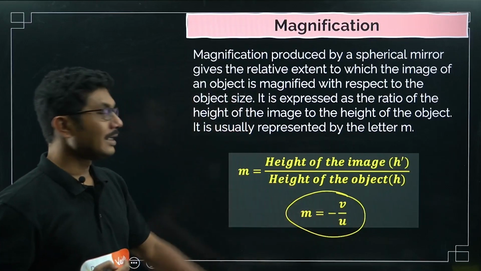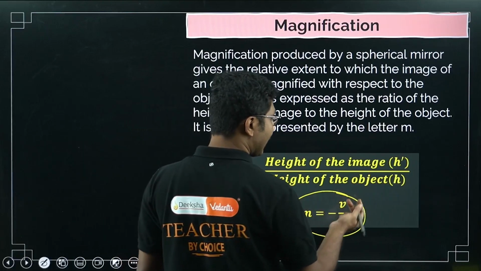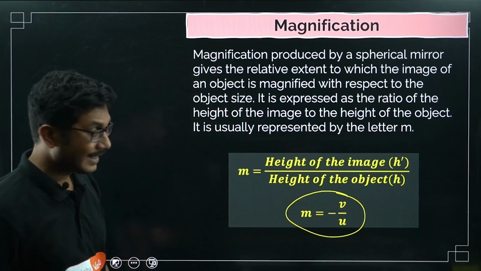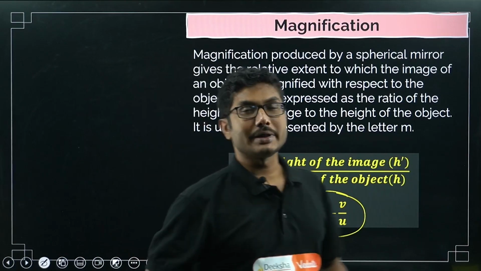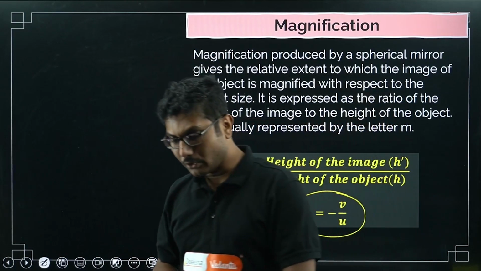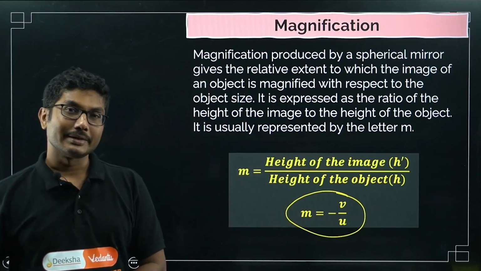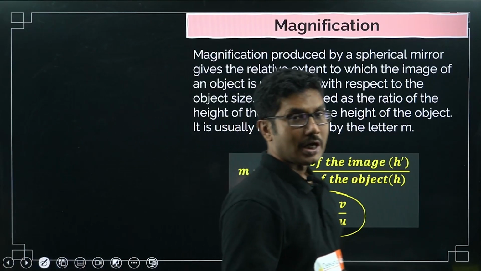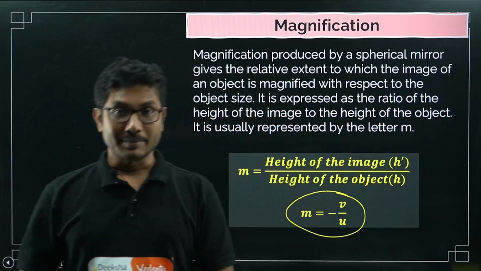You have to use the signs, whether v is positive or negative; u is always negative. So you have to include the signs to calculate the magnification. After you complete the calculation, if m is negative, then that is an inverted image. Inverted image means the image is a real image.